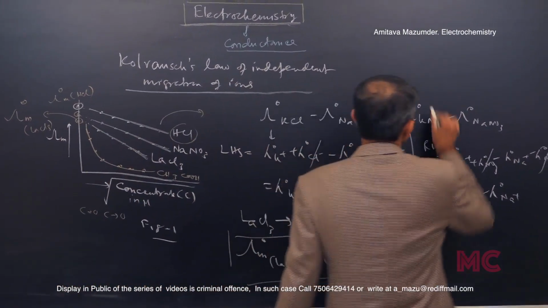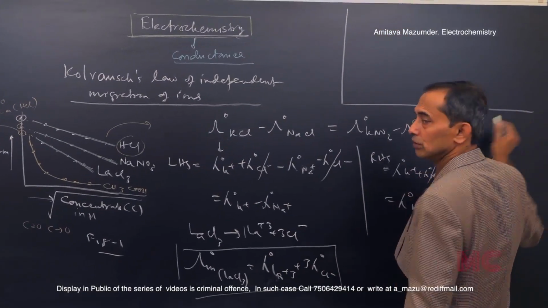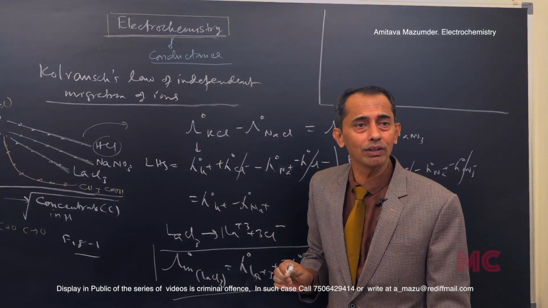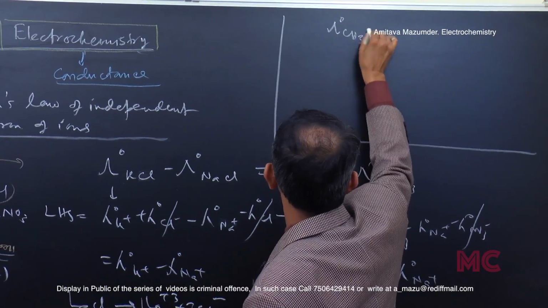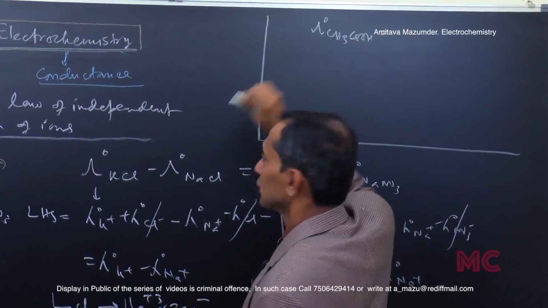With the help of this, he found out how to find lambda m naught of acetic acid. Now it is very easy to find lambda naught of acetic acid. How?